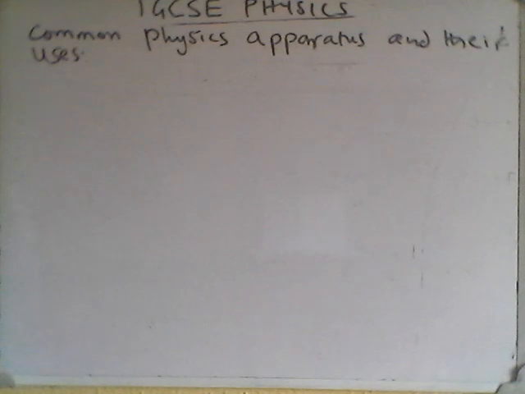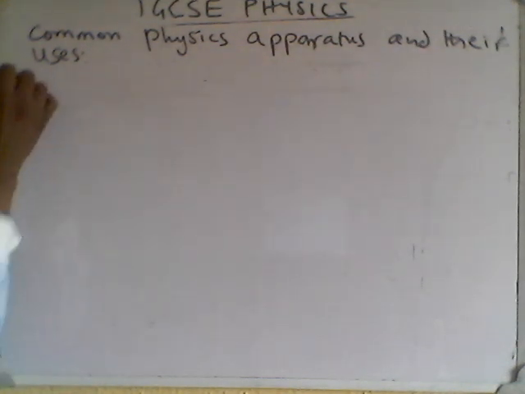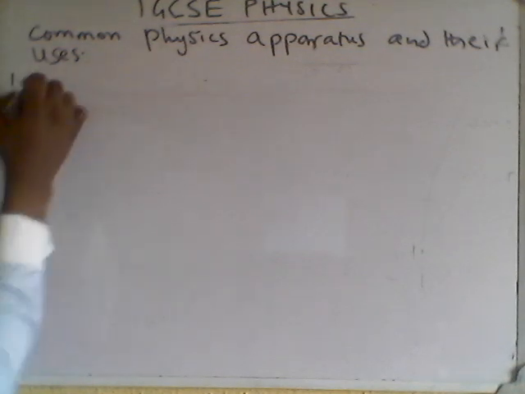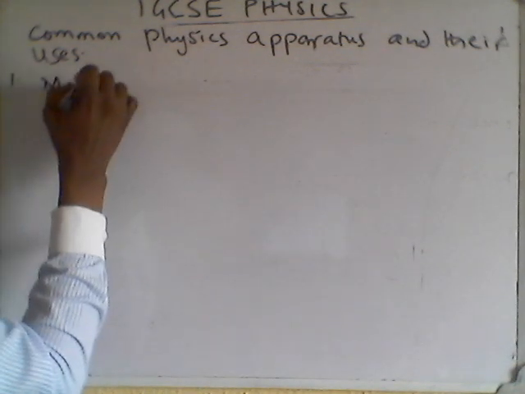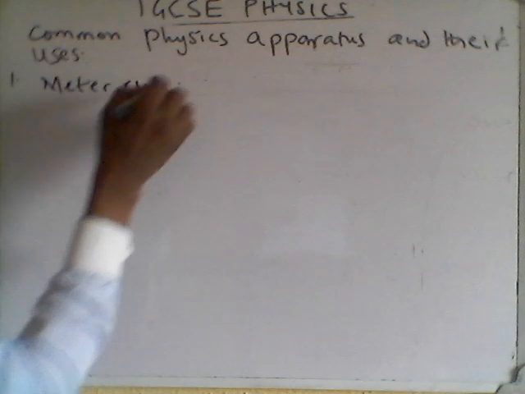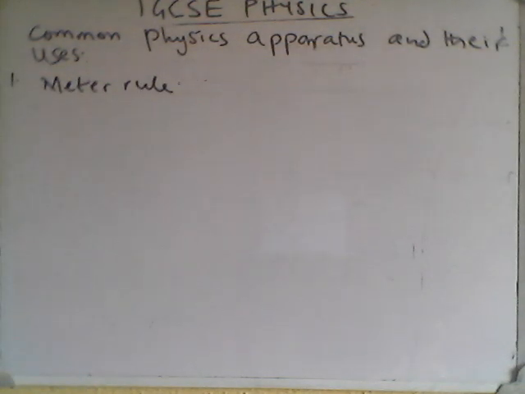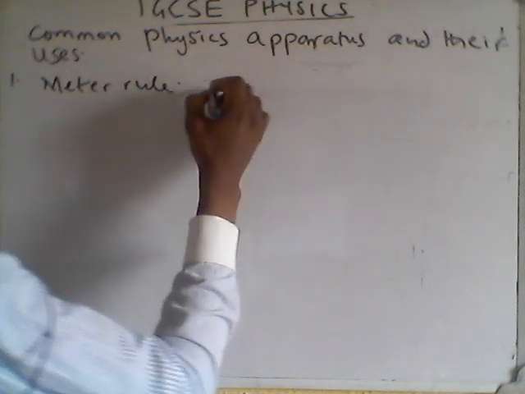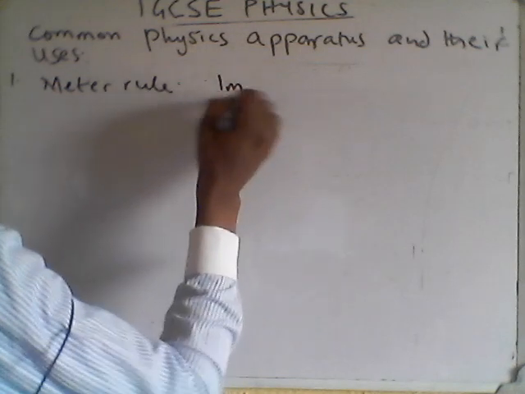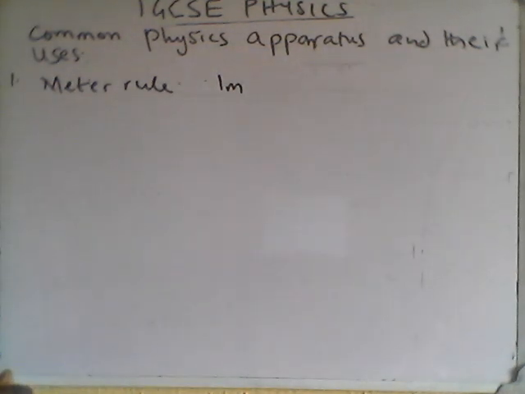So we'll go into common physics apparatus and their uses. The first one I have here is the meter rule. The meter rule is used in measuring lengths of up to 1 meter. A key safety tip in using the meter rule is that we should read at eye level to avoid parallax.